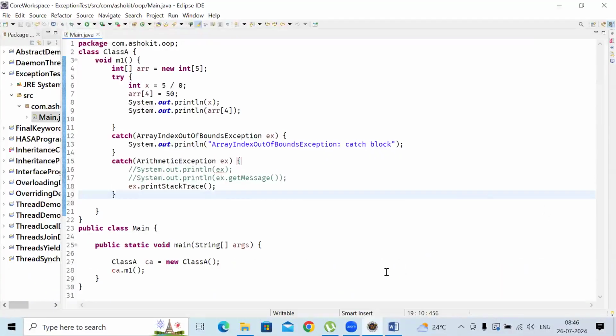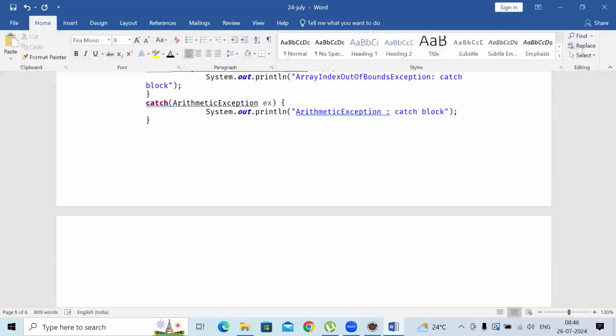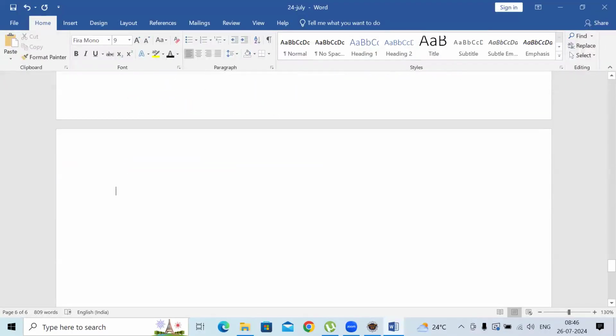Sorry, let me write these points first. I want to write these points now. Different ways of displaying the exception details. Right?